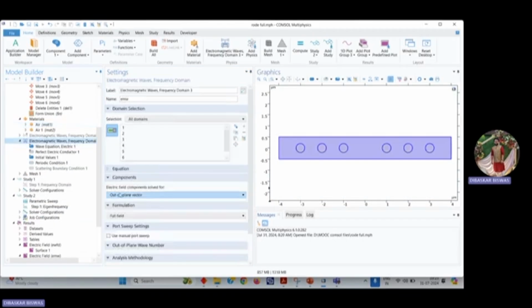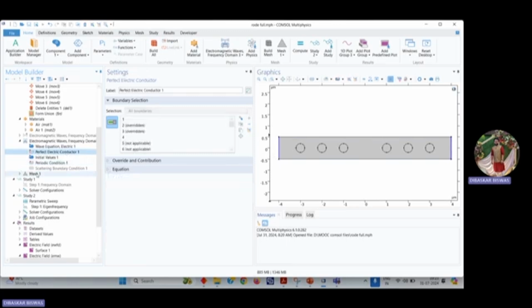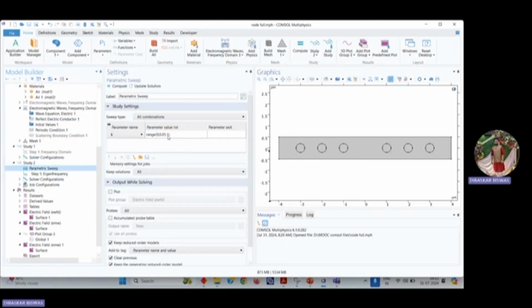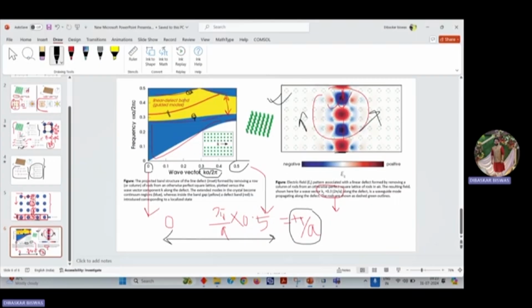Then again you go to electromagnetic waves, out of plane, then the periodic condition in the vertical direction, and then PEC along these two directions. Then you go to parametric sweep, sweep the k vector from 0 to 1, then eigenfrequency. Here you see the search is around 1 terahertz, but I have increased the number of eigenfrequencies. Why? In the band diagram you can see these are the surface states, these are also surface states, and this is the band gap.